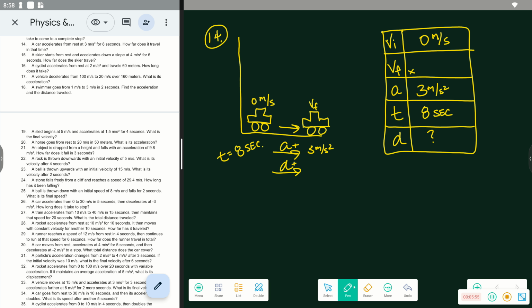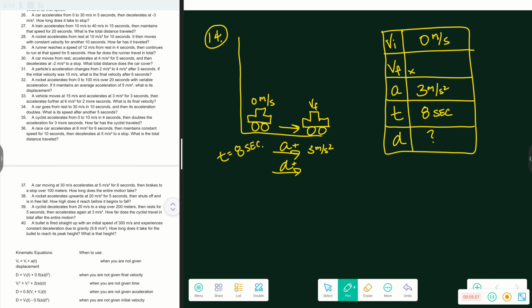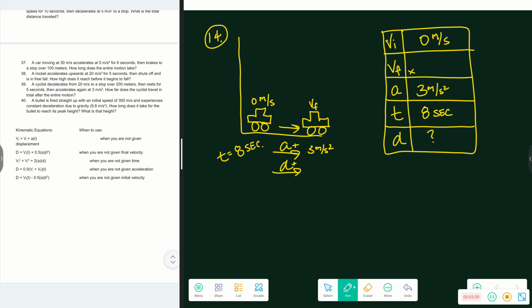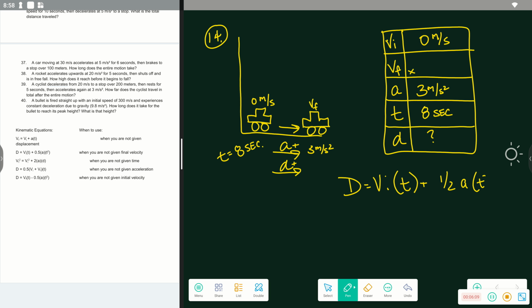Okay, so we don't have final velocity, and you're solving for displacement, so you're going to use the second equation. D equals VI times T plus 1/2 of A T squared. All right, D equals 0 times 8 plus 1/2 of 3 times 8 squared.